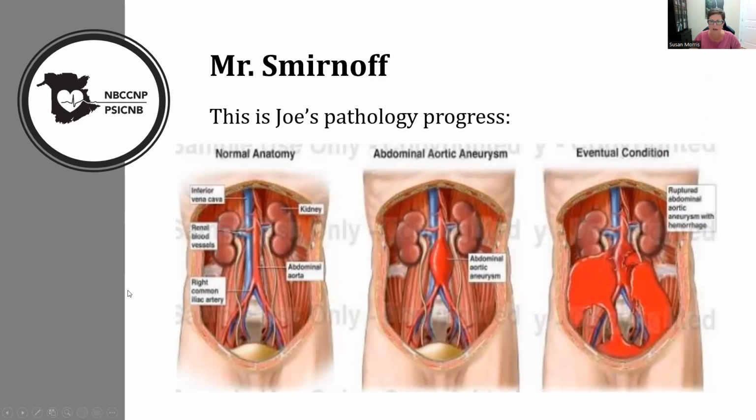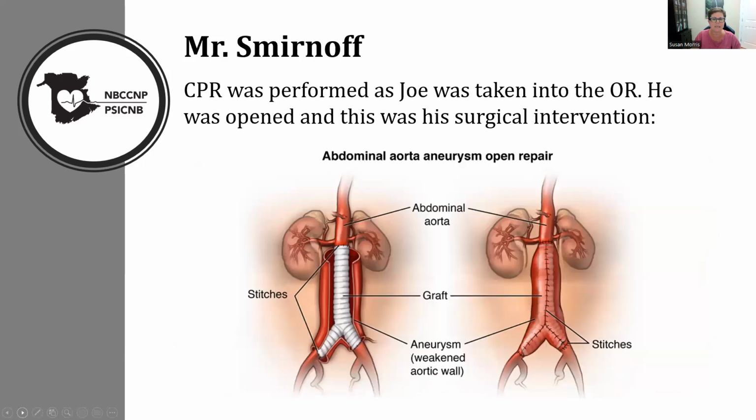He arrested in hospital and he had a very astute team leader who said, hey, this is likely hypovolemia. Why would he be hypovolemic? And got diagnosed very quickly. So we went to the OR and had surgical intervention. So he had an abdominal aortic bifemoral bypass graft placed.